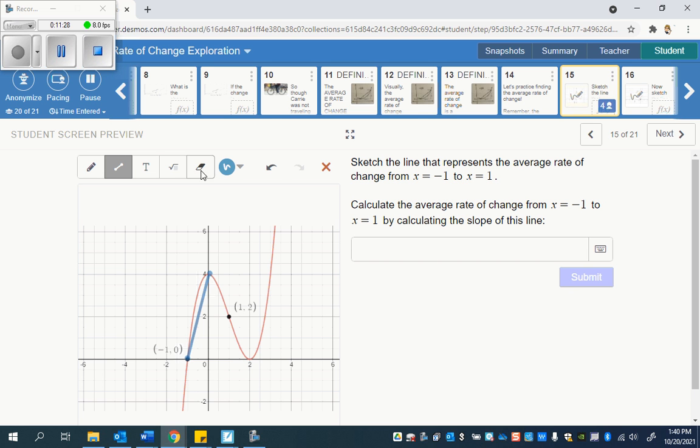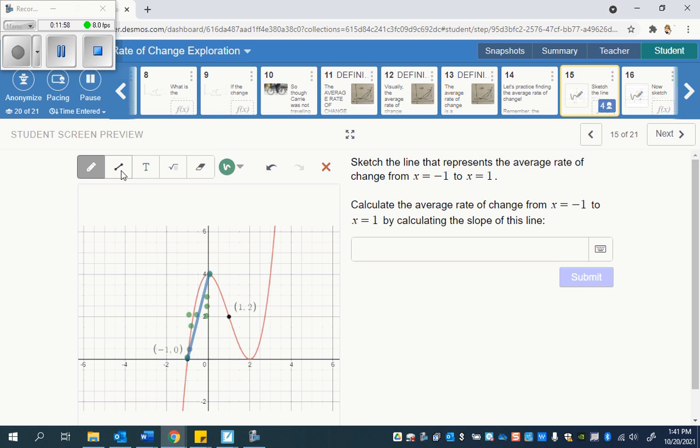And you can see that if I do this slope, maybe we'll make it green, and we'll do the pencil. You can see that if I rise 1, 2, and run 1, you can see that I can rise 1, 2, right?